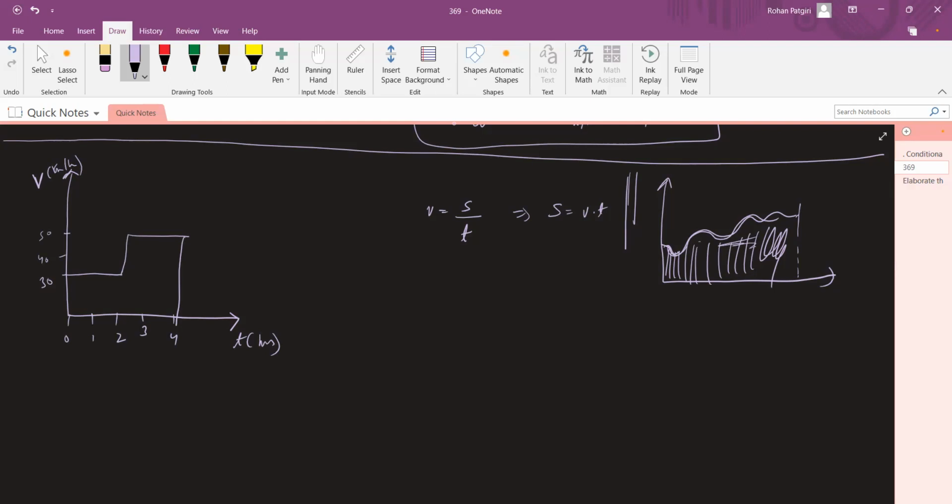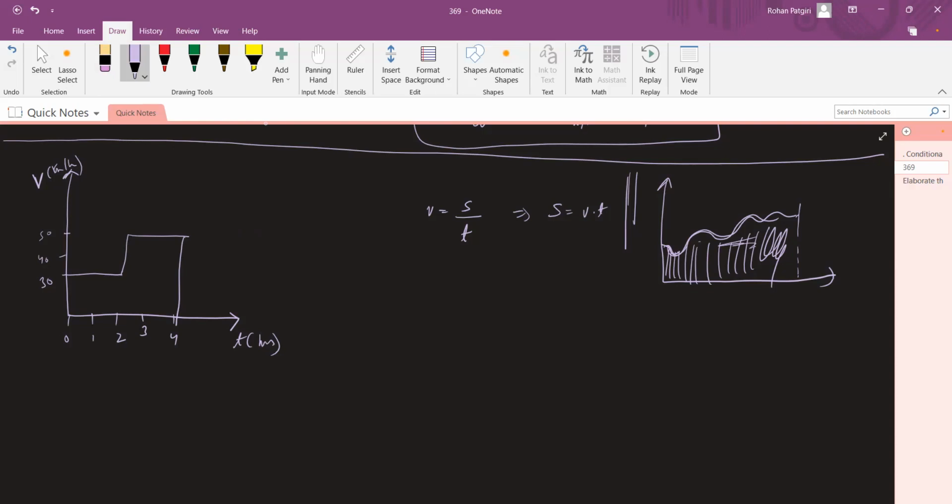Now, using this, suppose we ask: for the first 2 hours we are driving at a rate of 30 kilometers per hour, and from the second to the fourth hour we are driving at a speed of 50 kilometers per hour.